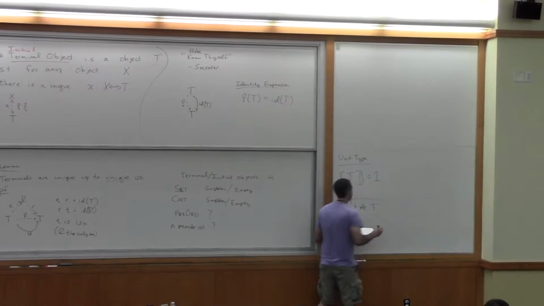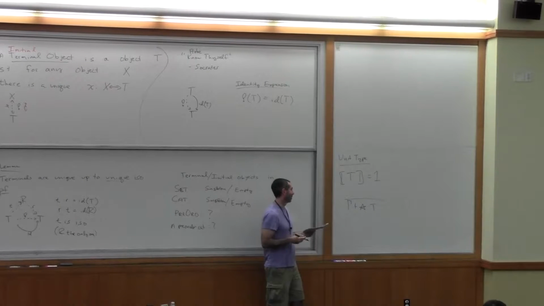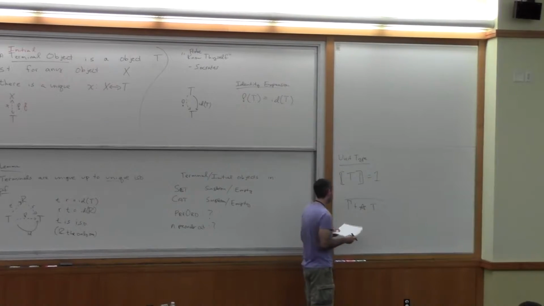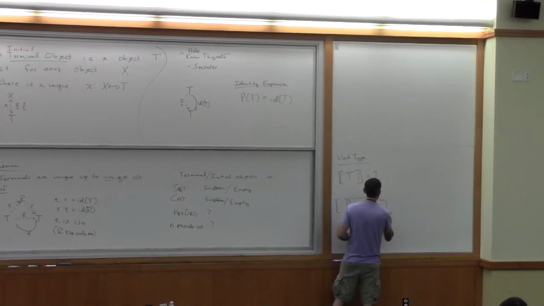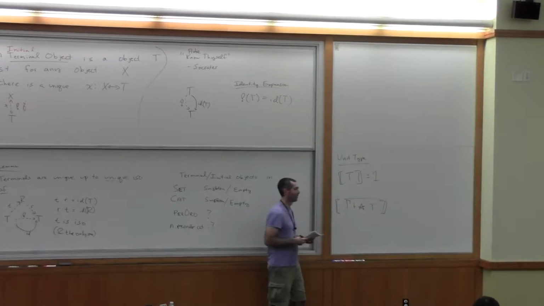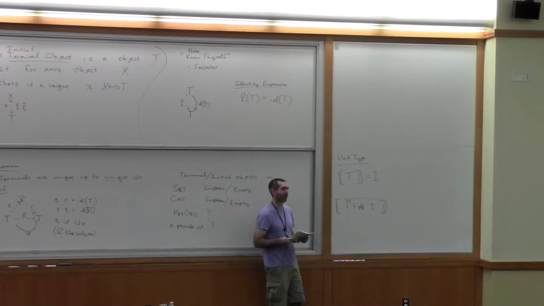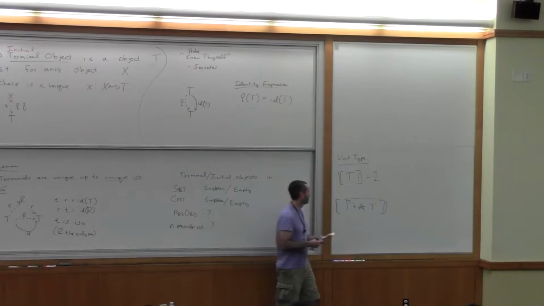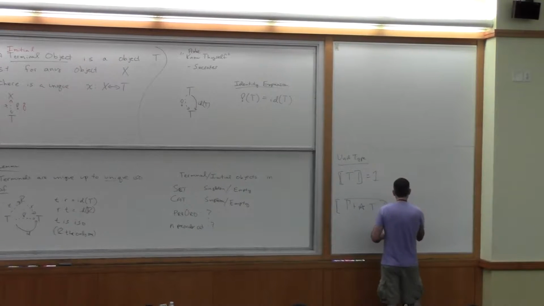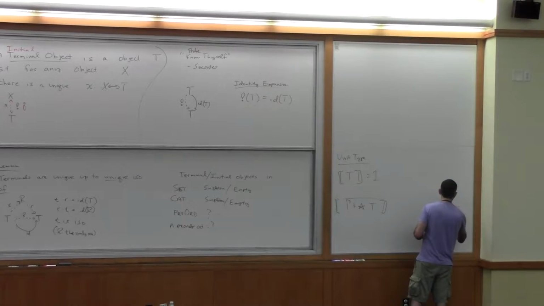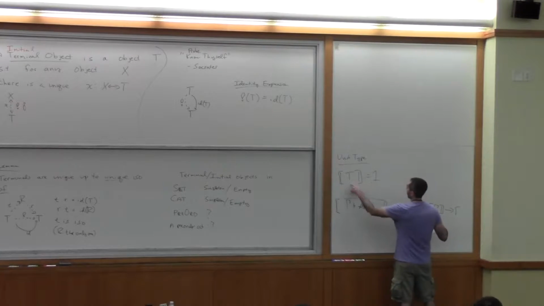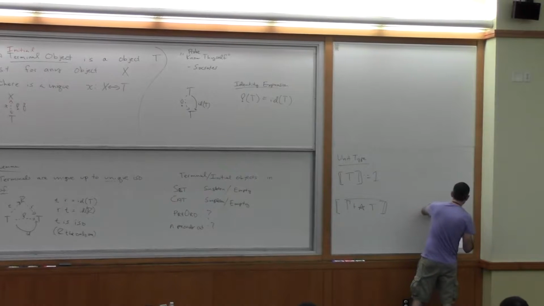In any context, there's a distinguished element, in fact, the only element, in this type, right? And we can interpret this term in context. So remember from the first day, the interpretation of a term in context should be a morphism from the interpretation of the context to the interpretation of its type. So this has to be something that goes from the interpretation of gamma to, well, the interpretation of this, which is this, which I'll just write.